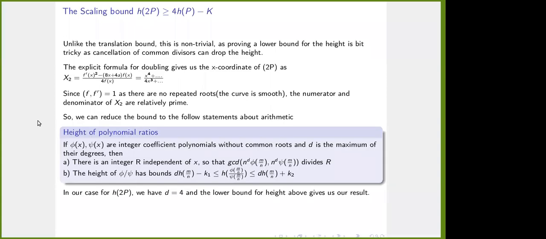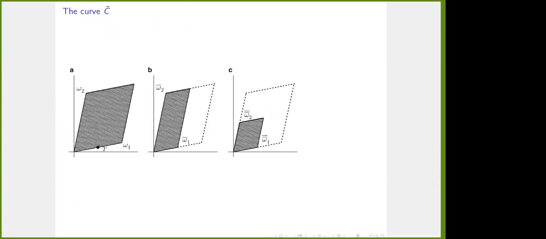Now we have to show the important part of the proof, which is that the double of the group has finite index in the ambient group. The way we do this: you can parameterize an elliptic curve as the complex numbers modulo a lattice. Suppose this is a fundamental domain of our elliptic curve.